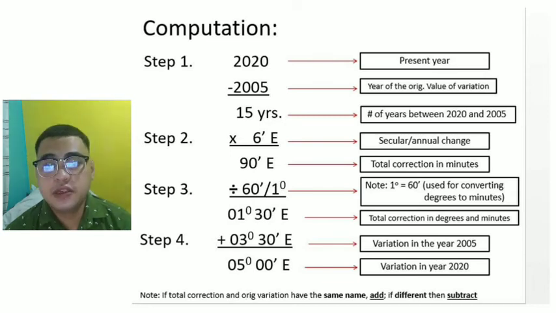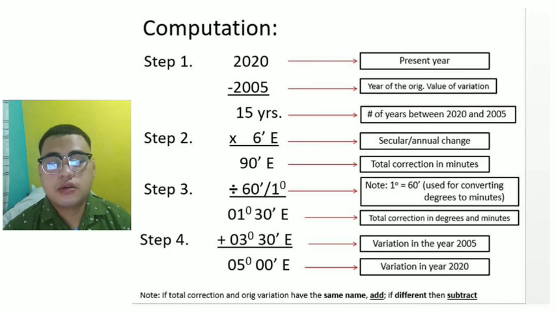Then 15 years times 6 minutes, which is the secular or annual change, is 90 minutes east. And 90 minutes east is the total correction in minutes. Then we divide it by 1 degree or 60 minutes, and that would be 1 degree 30 minutes east, which is the total correction in degrees and minutes.